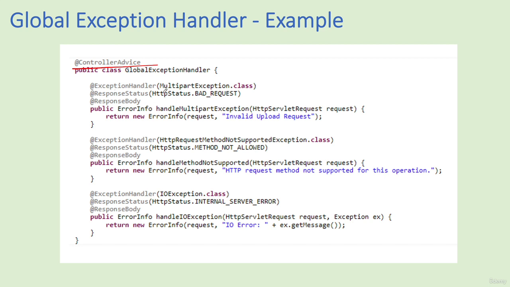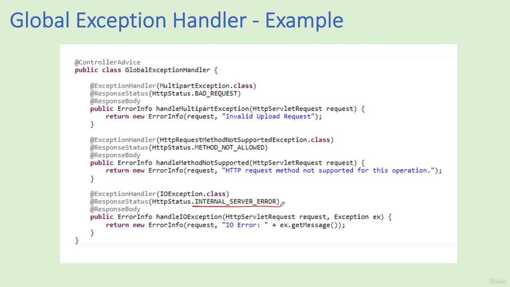The first one handles MultipartException, and it returns status code Bad Request. And the second exception handler method handles HttpRequestMethodNotSupportedException, and it returns the status Method Not Allowed. And the third exception handling method handles IOException class, and it returns the status code Internal Server Error.